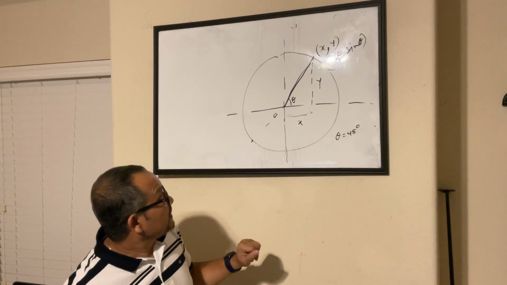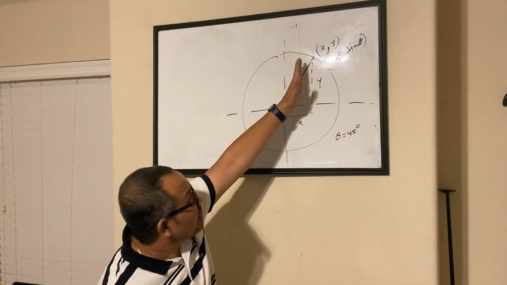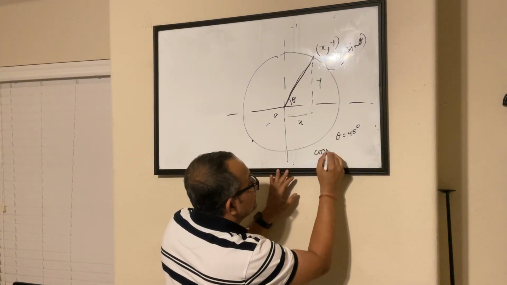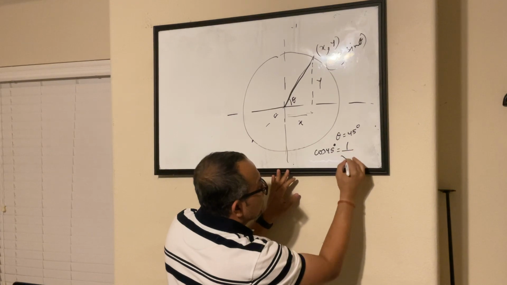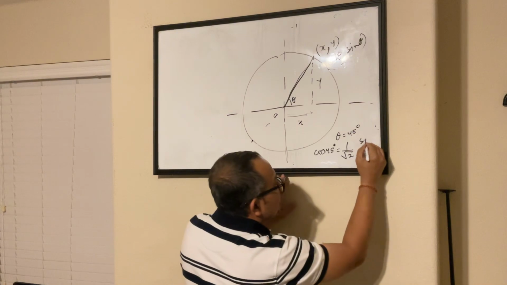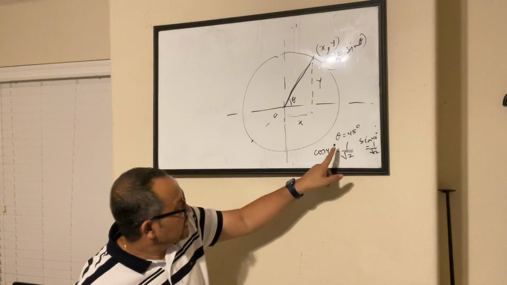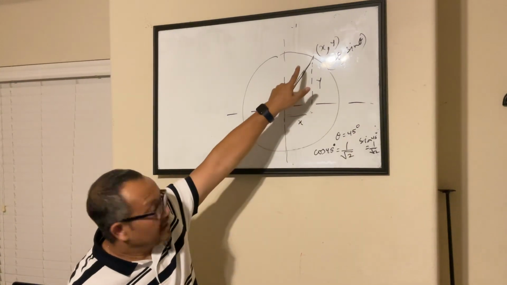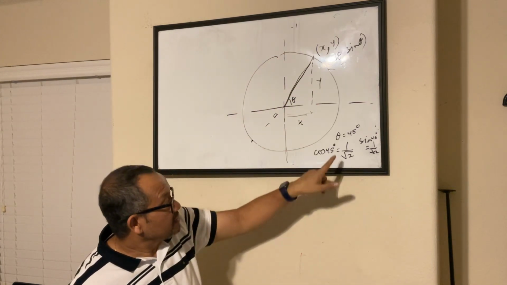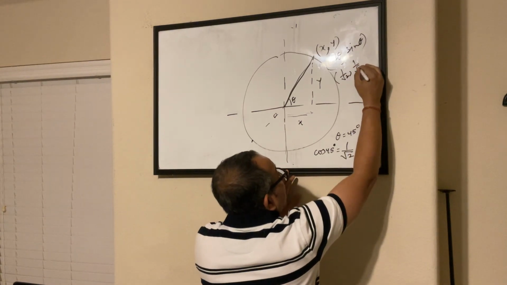You will say that means it is in the first quadrant, meaning the value of x and value of y both will be positive. So you will find cos of 45 degrees, which you would recall is 1 by root 2. Similarly, sine of 45 is also 1 by root 2. So the x and y coordinate for angle theta equal to 45 will be 1 by root 2, 1 by root 2.